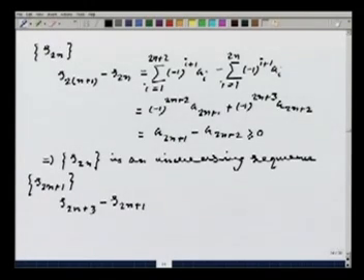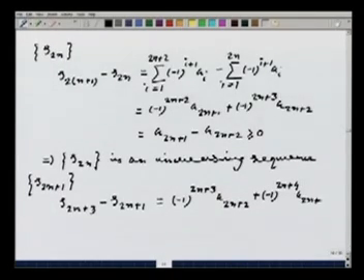Then a calculation exactly like the previous one tells me that what remains is minus 1 to the power 2n+3 a_{2n+2} plus minus 1 to the power 2n+4 a_{2n+3}.